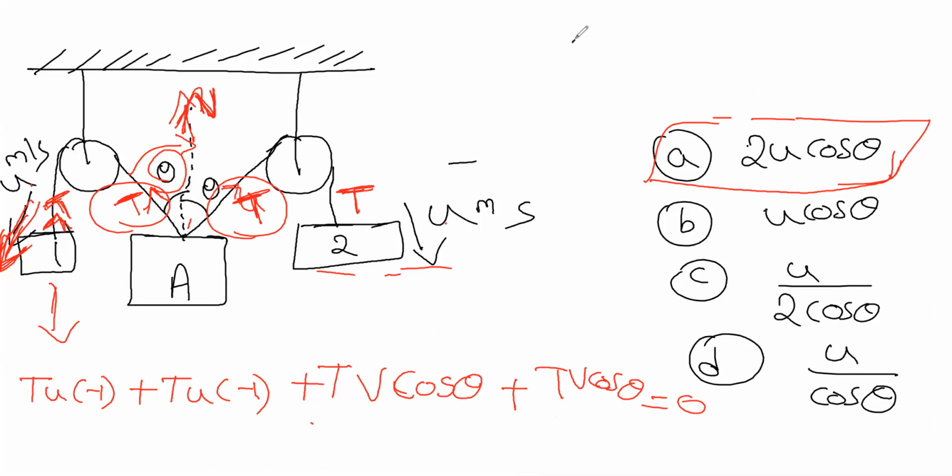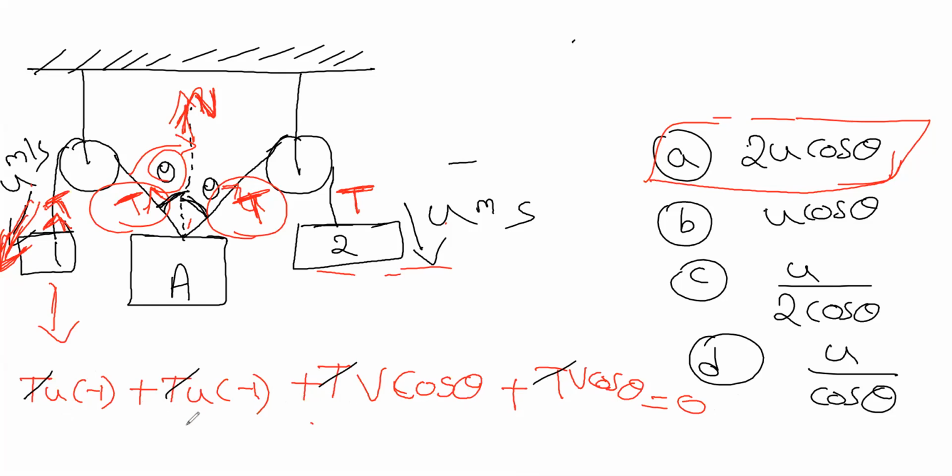Even if you take components, it is T cos theta itself, because both are adjacent to T. So TV cos theta plus TV cos theta equals 0. That's it, the solution is done. T gets cancelled.